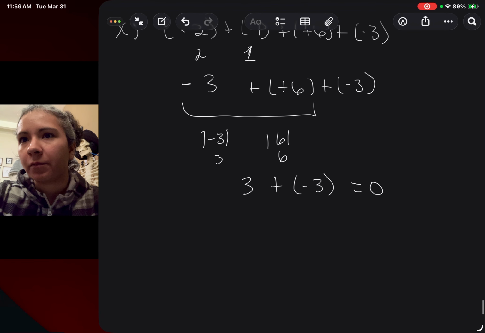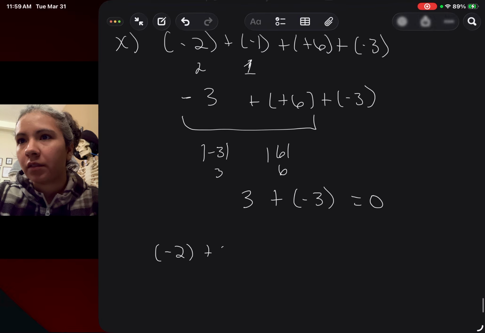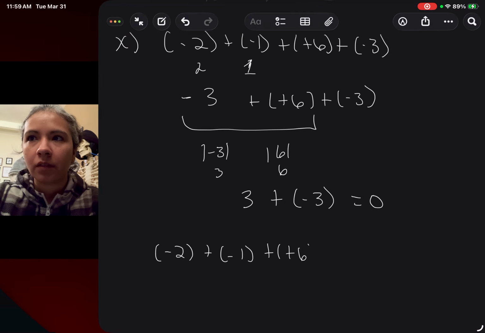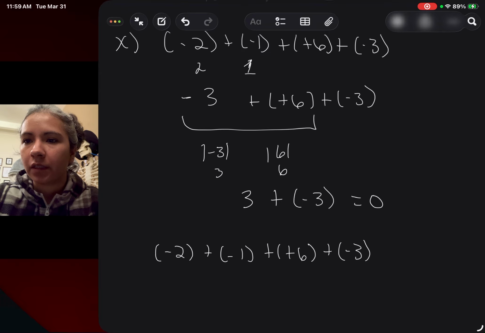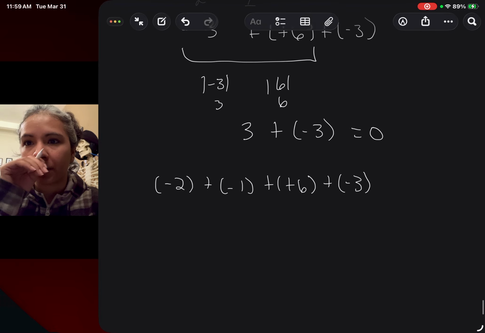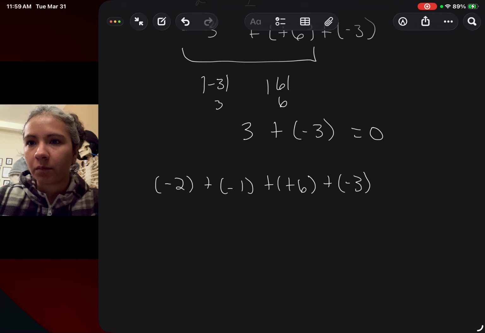Another way, let me rewrite the question. Negative 2 plus negative 1 plus positive 6 plus negative 3. Another way to do this is to group these together by sign. We know that if they're all the same sign, we add them together.